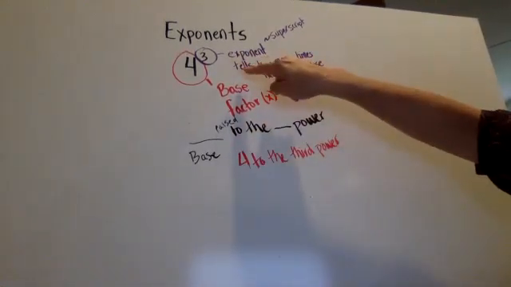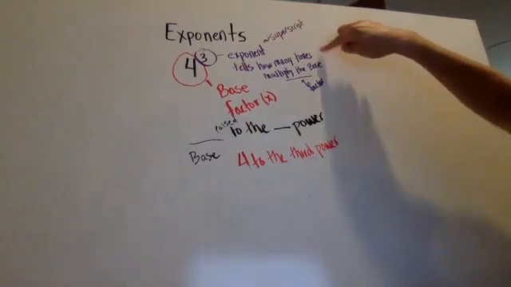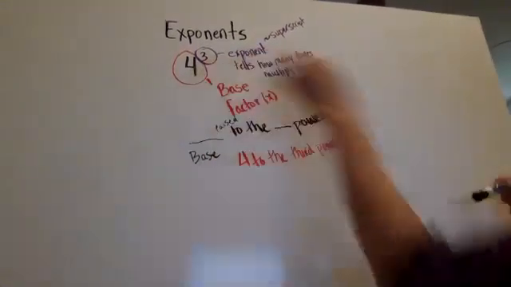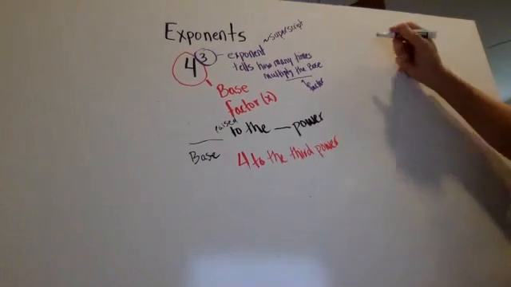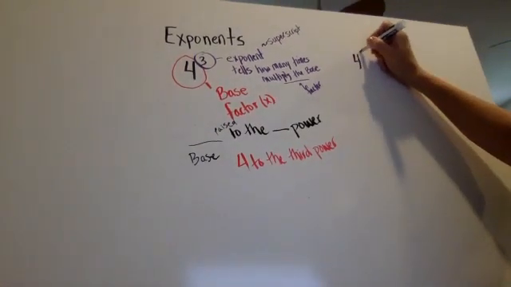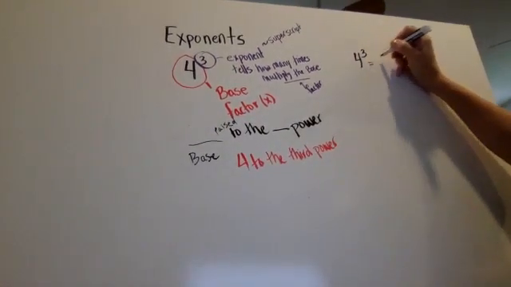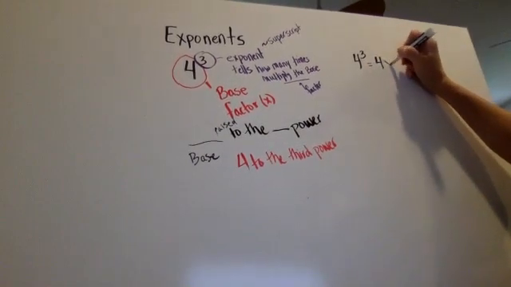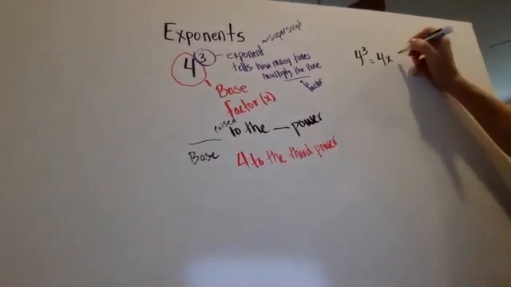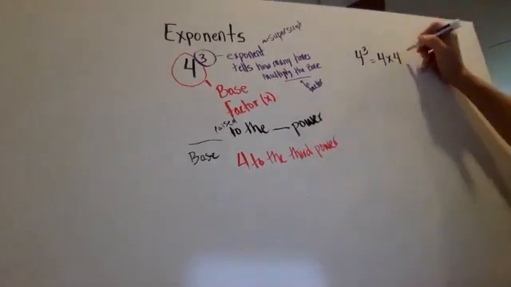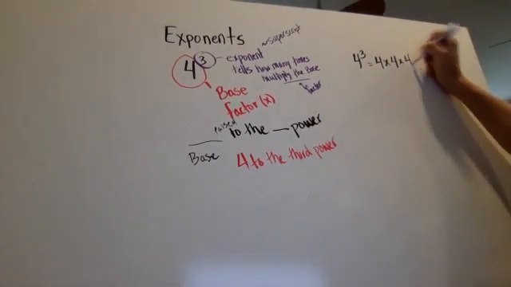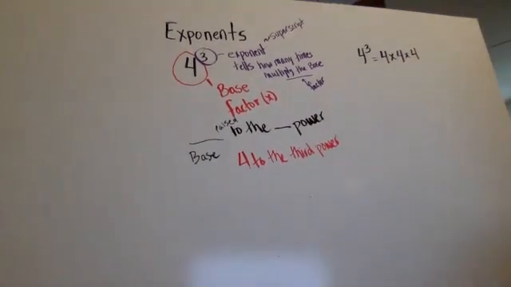What it means is it tells me how many times I'm going to multiply my base. So 4 raised to the 3rd power means I'm going to use that factor 3 times. I'm going to write the number 4 3 times and multiply it.